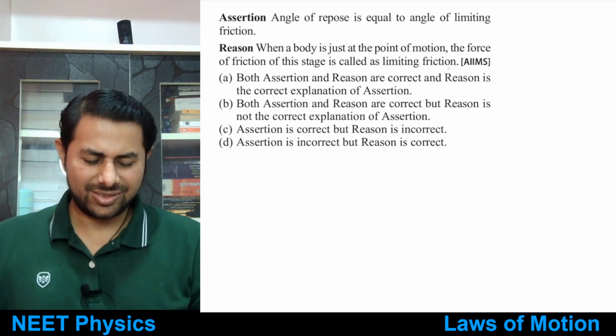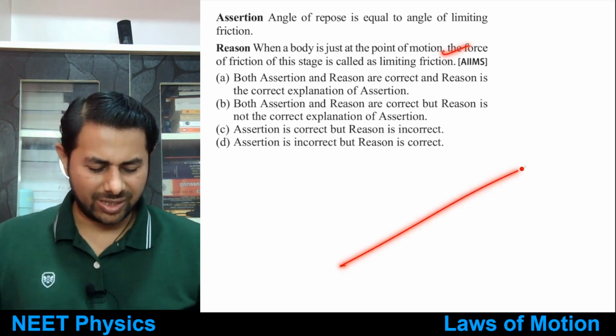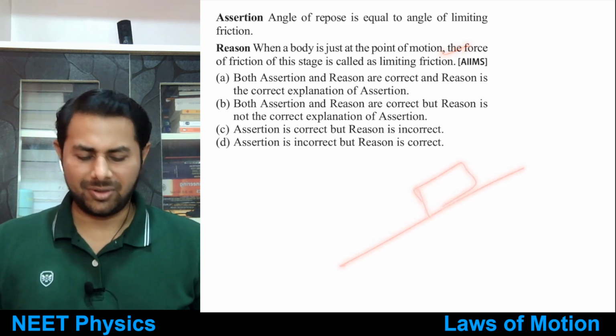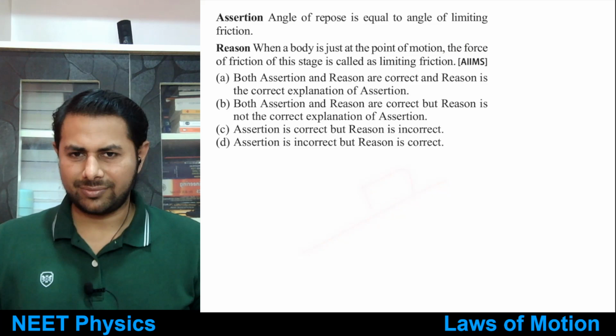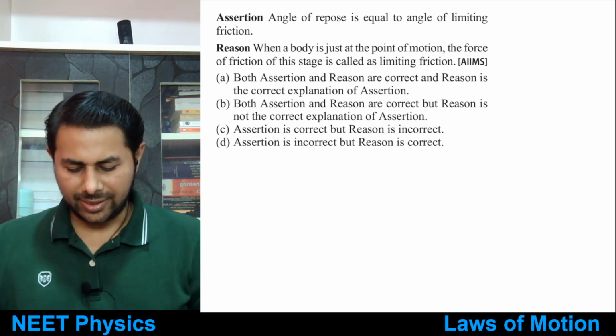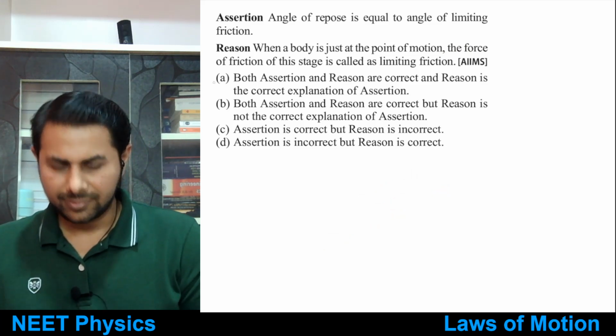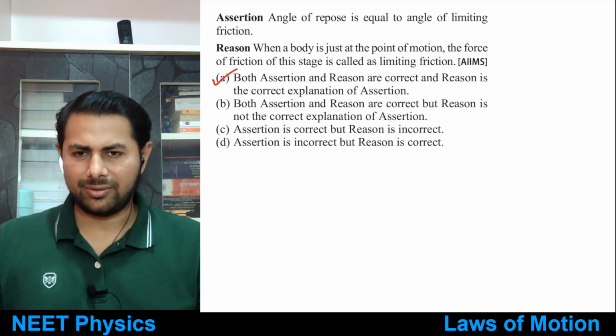Actually, it explains the assertion if we apply it to an inclined plane, because the angle of repose comes from there only. Is this clear? So it is option A.